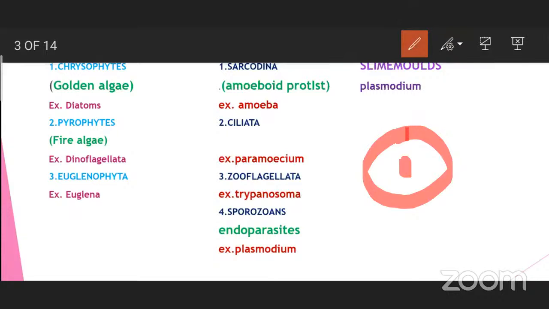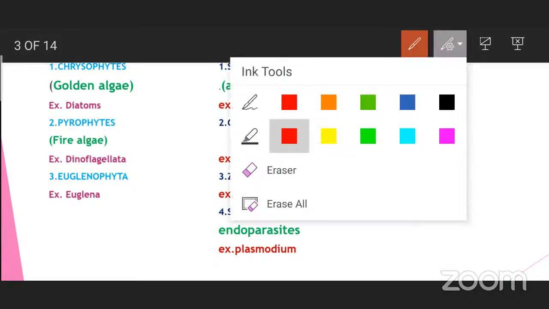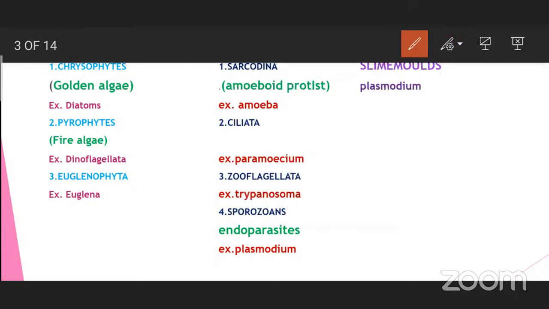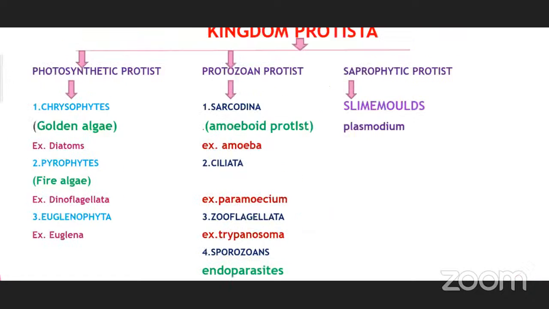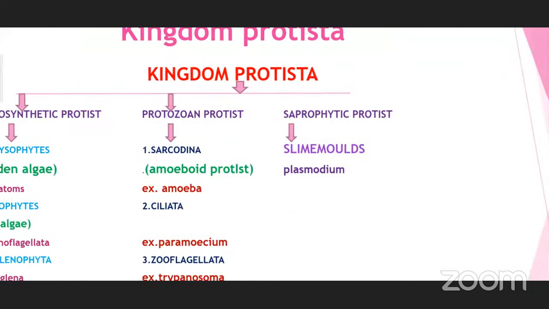It will be taking shelter in mosquito as well as human beings. So human beings and mosquitoes are the hosts for this endoparasite called Plasmodium, which you are going to learn in detail.